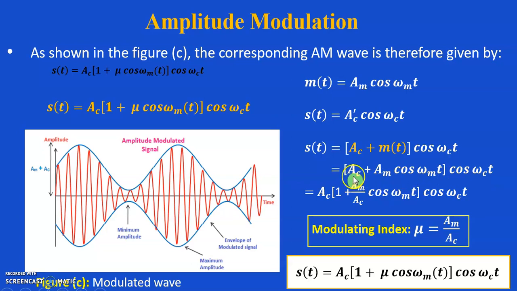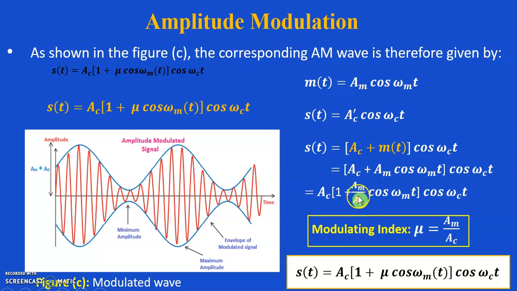So here we have (AC plus Am cosine omega mt) into cosine omega ct. If we take AC as a common factor from this equation, we will have AC bracket 1 plus Am divided by AC cosine omega mt, cosine omega ct. If we multiply AC inside, we will have AC plus AC times Am over AC.